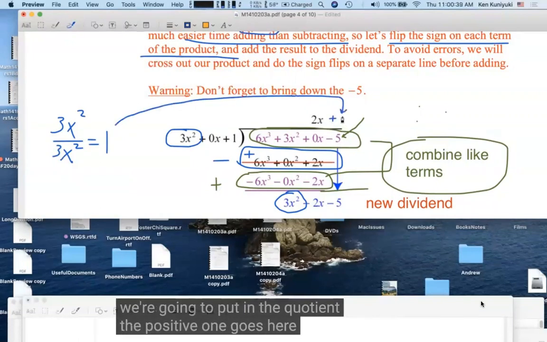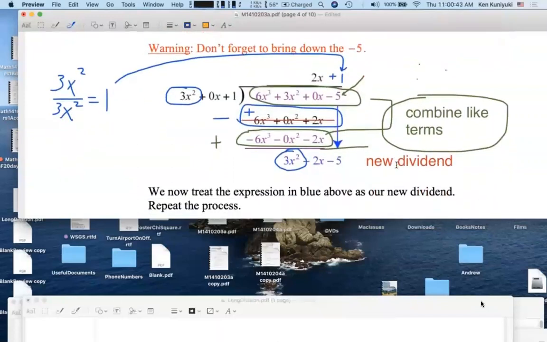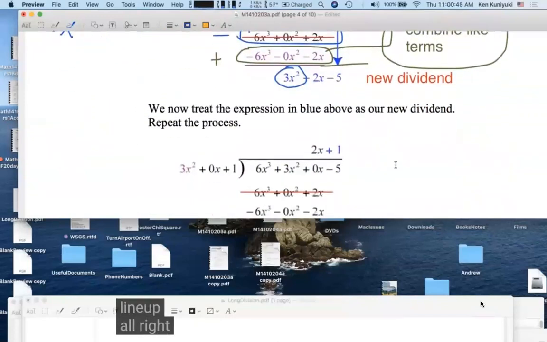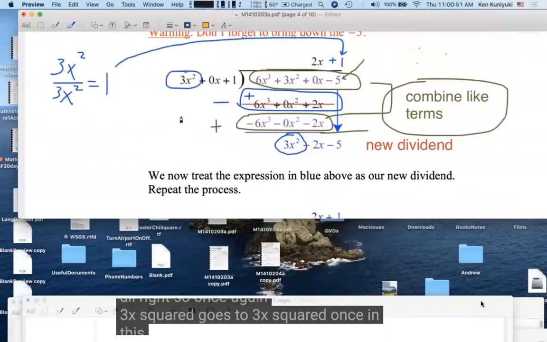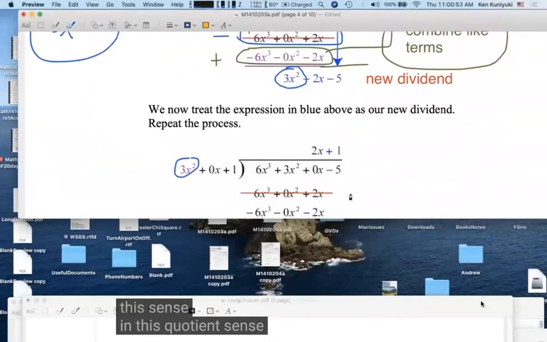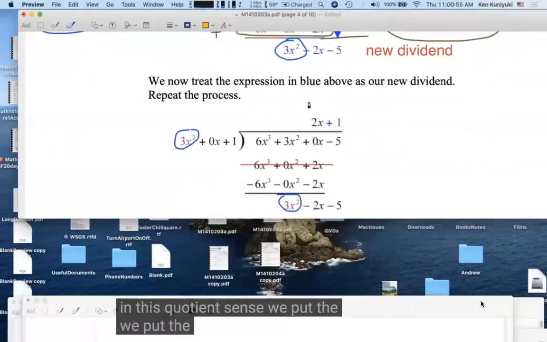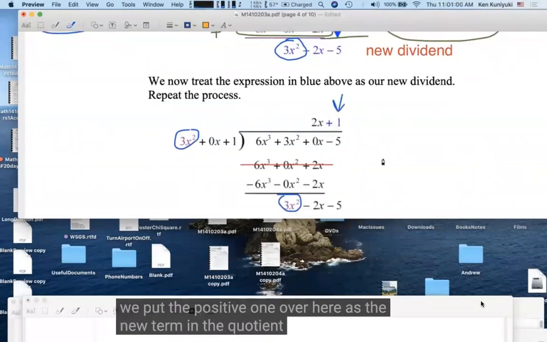The positive one goes here in the constant term lineup. All right. So once again, 3x squared goes to 3x squared once in this quotient sense. We put the positive one over here as the new term in the quotient.